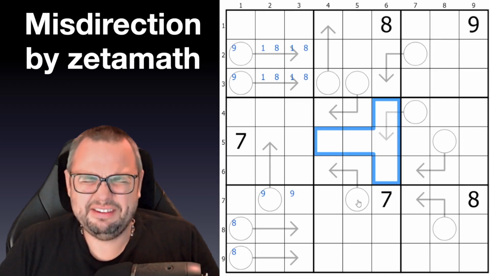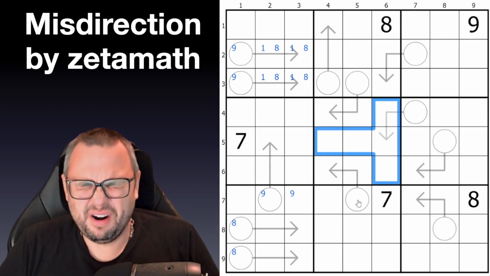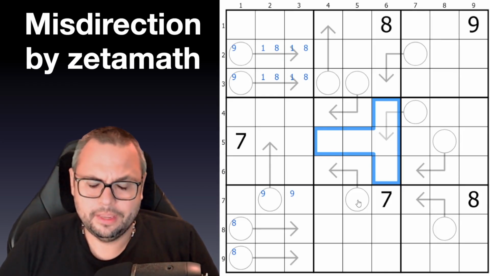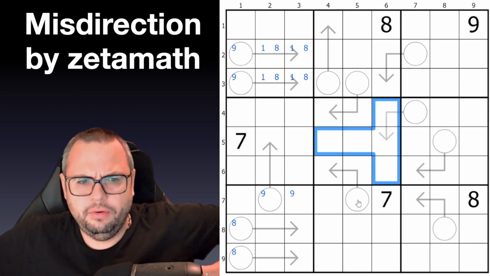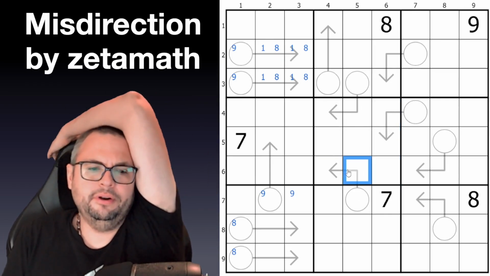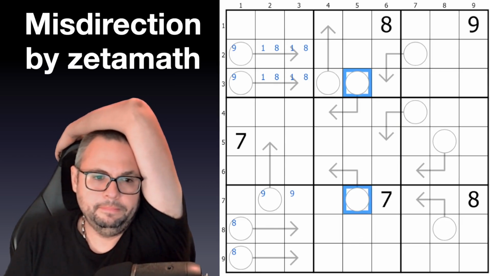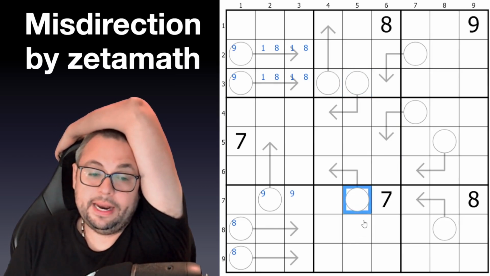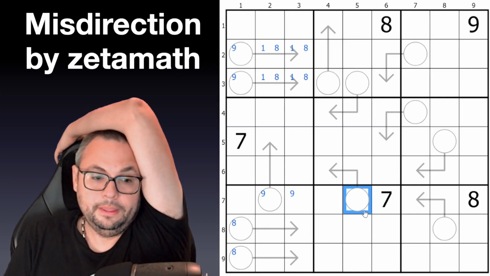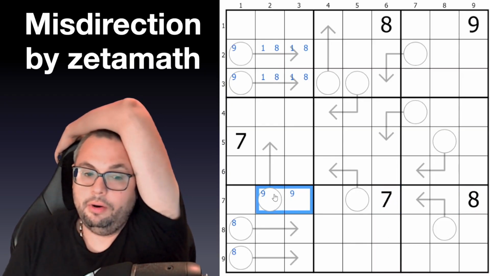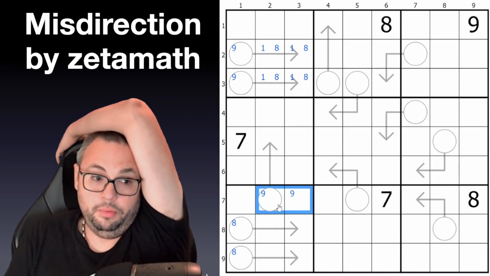It's going to have to be 8 or 9. And so I need to put a 7 on an arrow, making one of these cells 8 or 9. Well, this one flat out can't be 8 or 9. And that's because we've got a 7 and 8 in the row. I mean, the 7 in the row, I guess, doesn't impact it being 8 or 9. We've got an 8 in the row, and we have a 9 corner marked in the row.